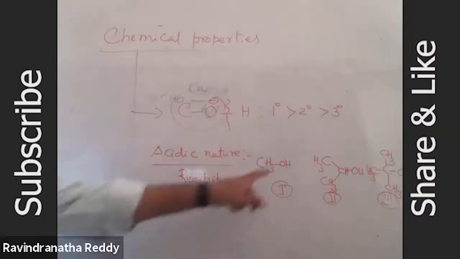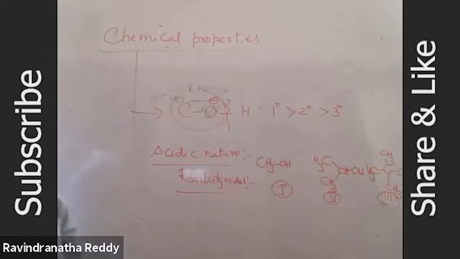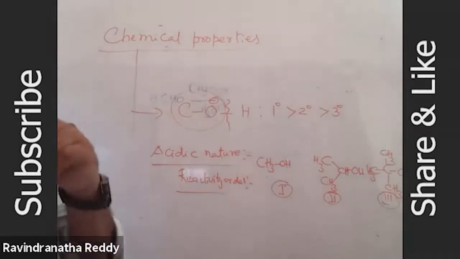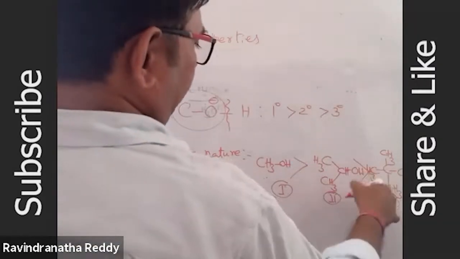Acidic nature means O-H bond breaking. O-H bond breaking means the reactivity order is 1 degree, 2 degree, 3 degree. So which is more acidic? The first one is more acidic. So the acidic nature order is 1 degree, next 2 degree, next 3 degree.